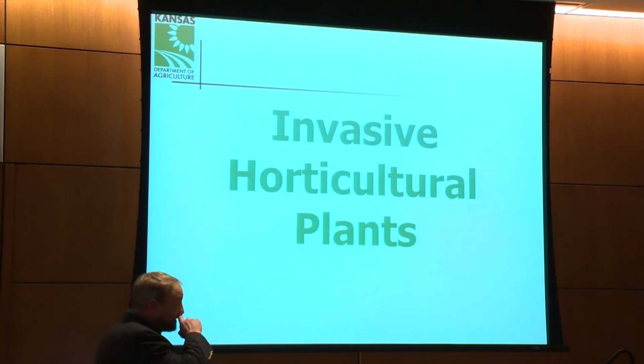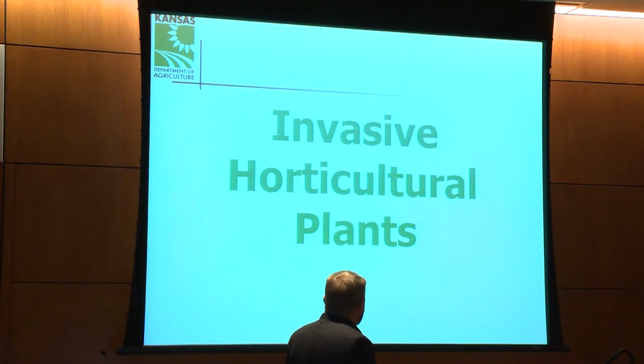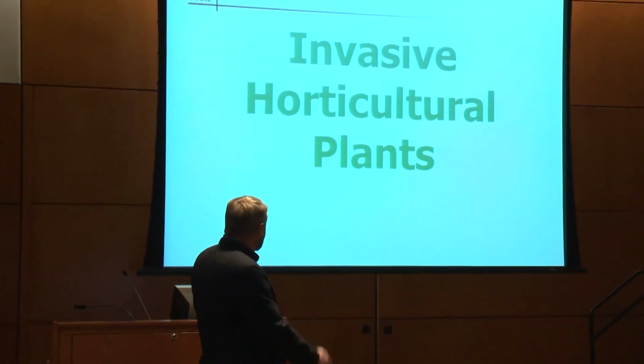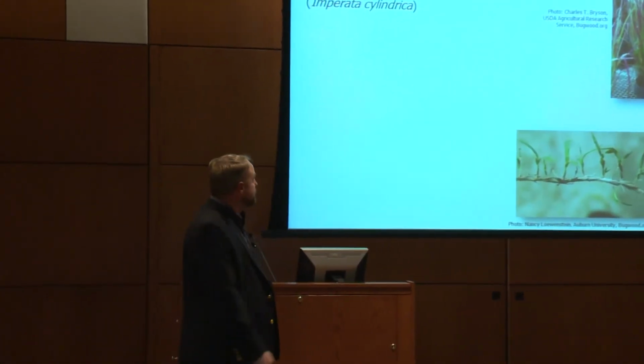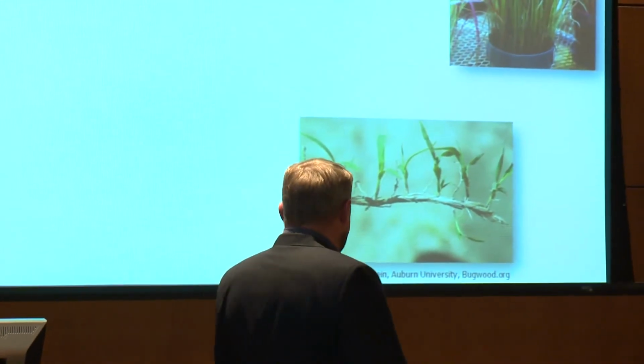Okay, now to give some examples of invasive species that we are concerned about in Kansas that are common in the horticultural trade. First one has a couple of names, Cogon grass, also known as Japanese blood grass. Really nice looking ornamental grass.